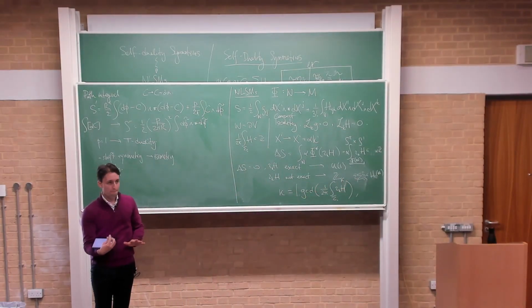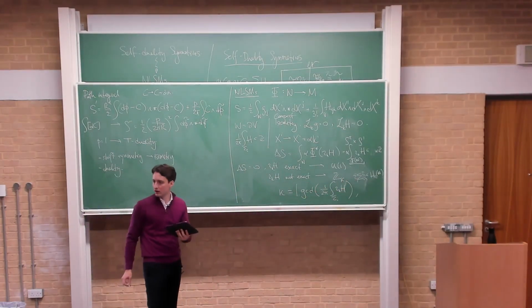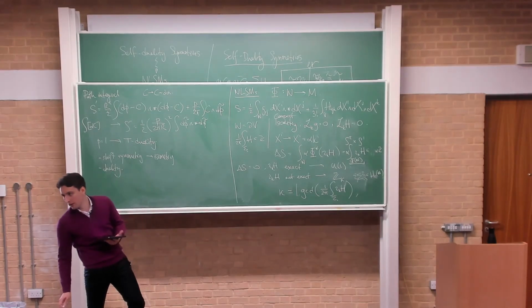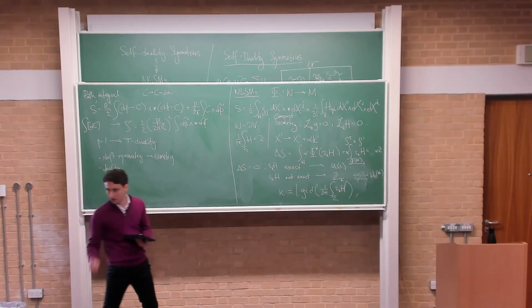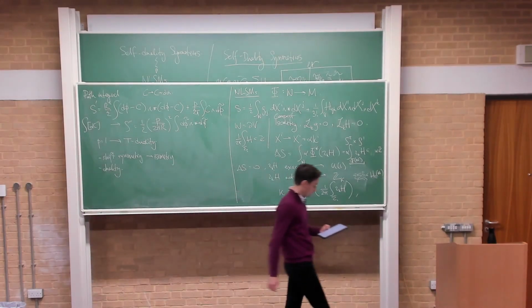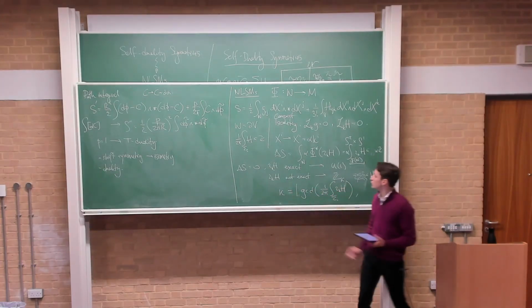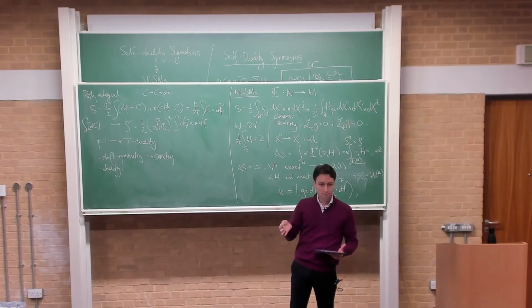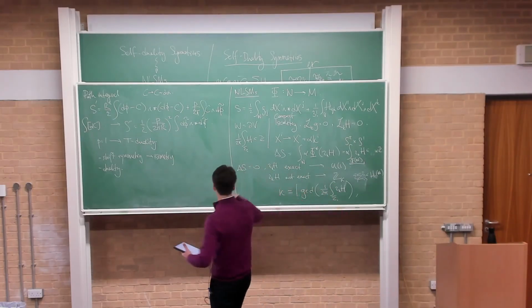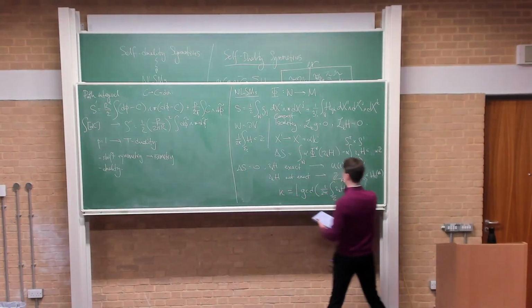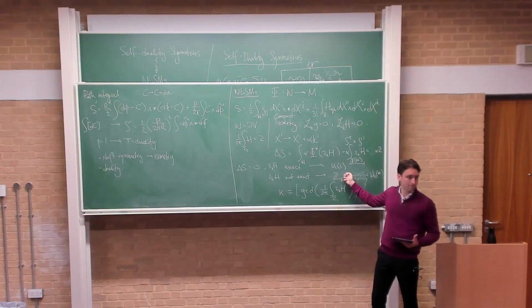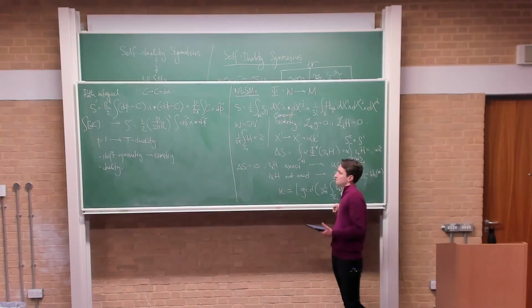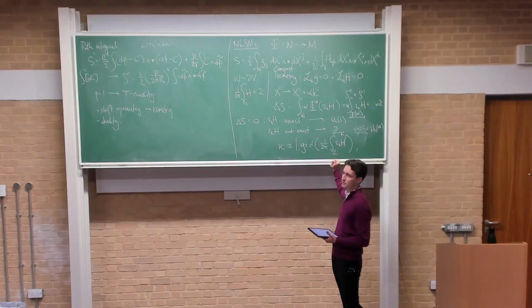Is that clear? The generic setting is a bit more complicated than the compact boson, and you don't have a U1. Instead, the Wess-Zumino term, if it has non-trivial level, generically breaks it to some discrete factor.